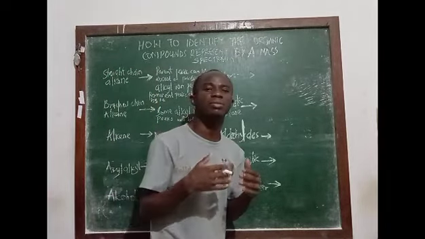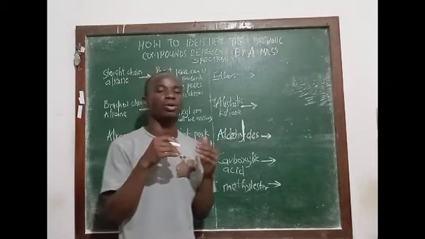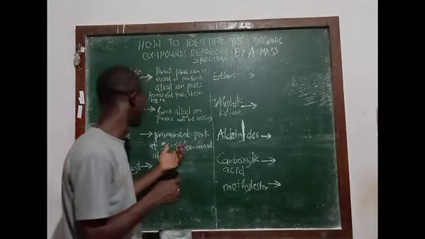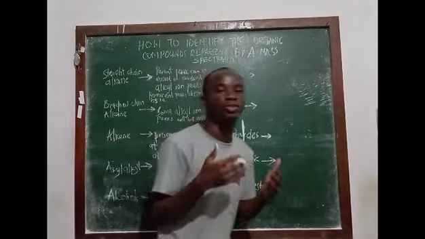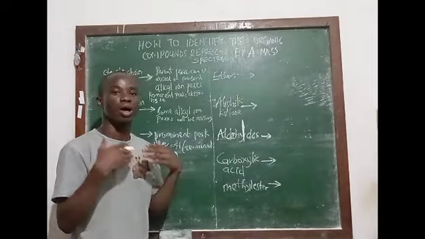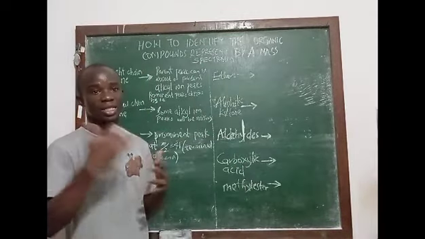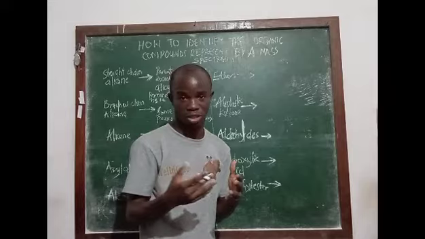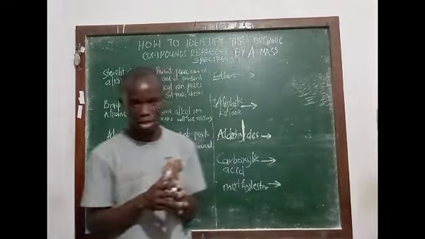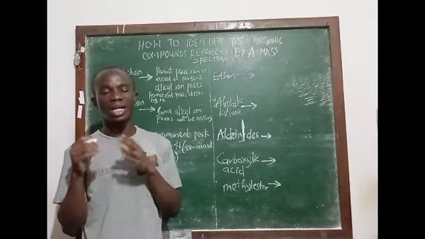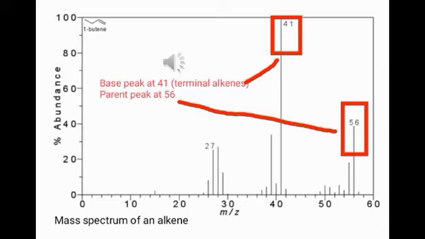But at the same time, depending on the length and the position of the double bond, this prominent peak that is usually at 41 can change from 41 to 55, from 55 to 69. That is, you have a difference of 14. But that depends on the position of the double bond, and at the same time on the length of the given alkene.